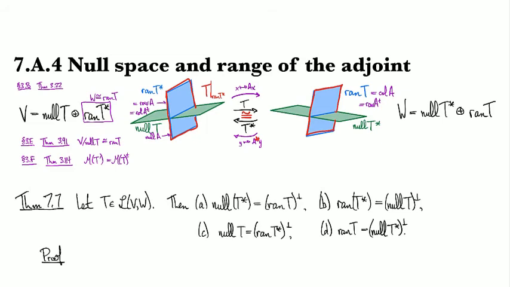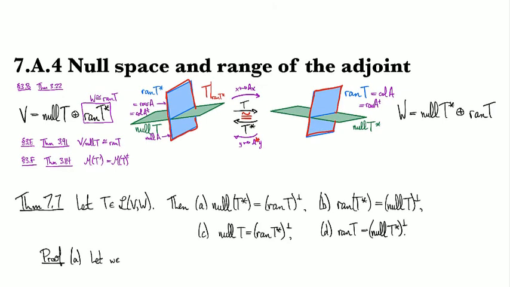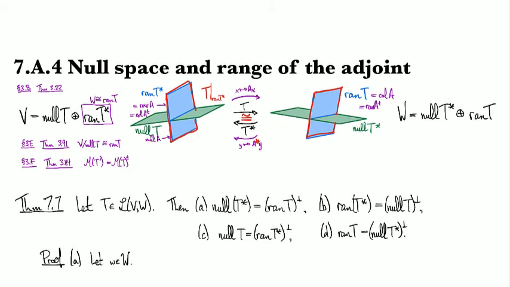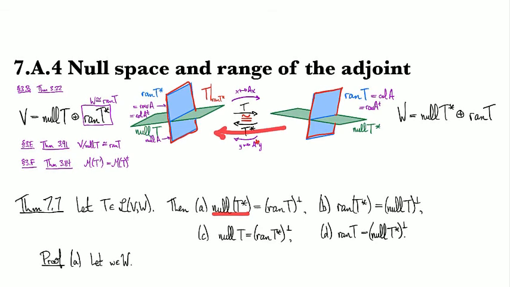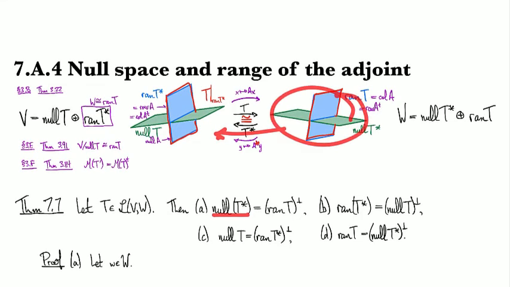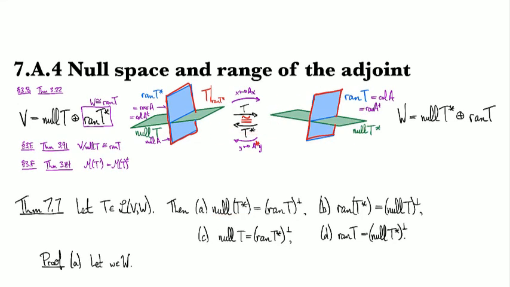So, proof for A. Let's take w to be an element of W, and I'm doing that because we're looking at the null space of T star, and T star goes this way. So we want the things over here in W that get killed by T star.